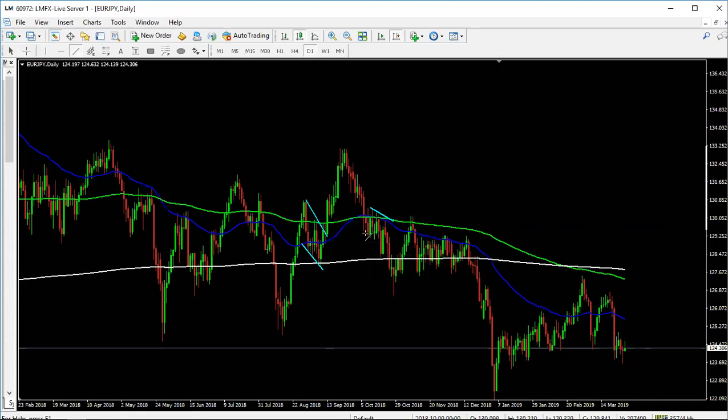Slight correction there. There's our correction, a descending channel. It actually looked like the point was about right here. But even if we went here, we didn't get to the exact point of correction.